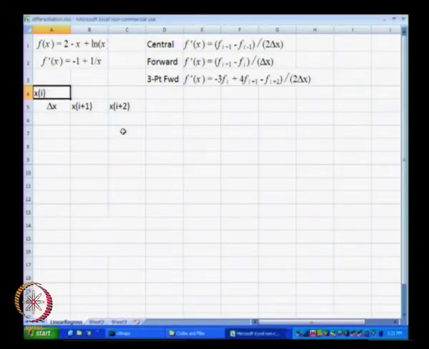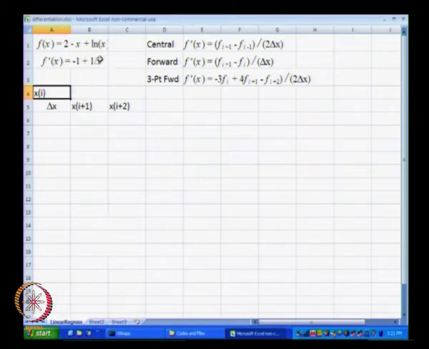Then we will see something interesting: it is not always the case that as delta x is reduced the error reduces monotonically. At some point, when delta x is reduced beyond a certain value, the error does not reduce but actually increases, and we will see why that happens in today's lecture. So that is the overall plan for today's lecture.